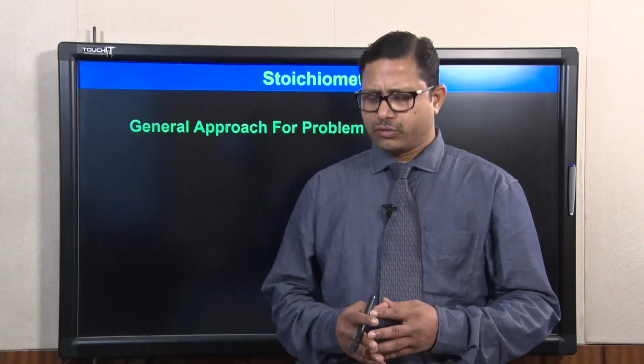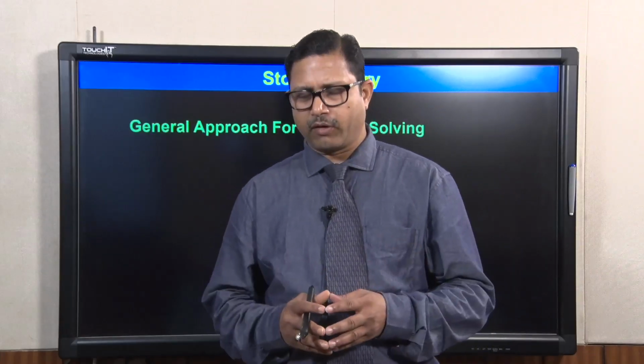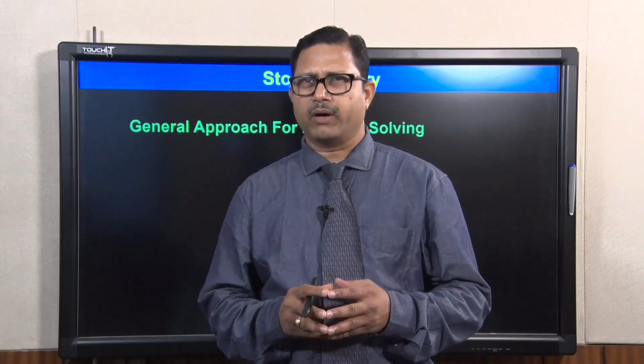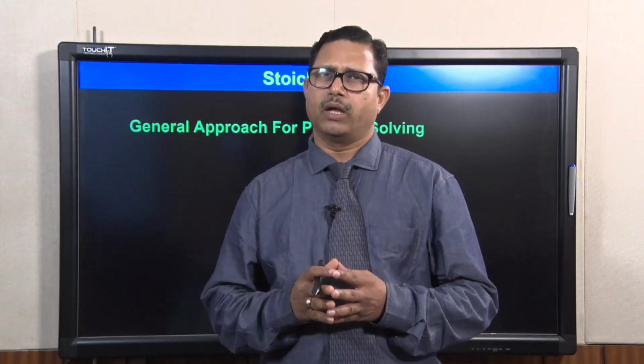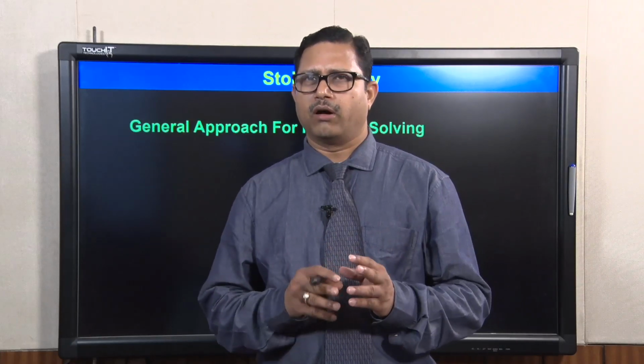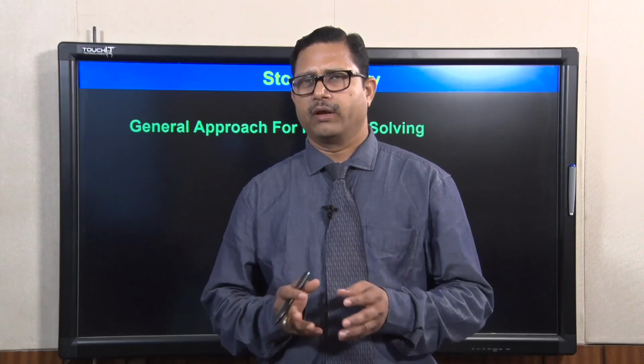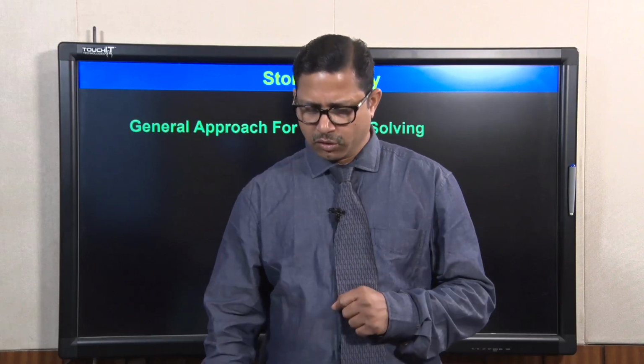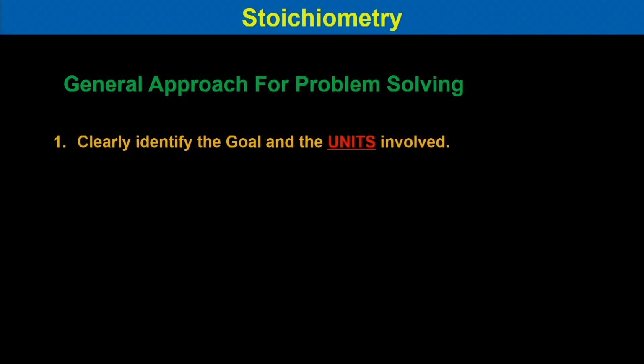The general approach to stoichiometry is that for solving any problem we must be very cautious about the units of the different concentrations or different terms given in the problem. So, we should follow general guidelines. One is to clearly identify the goal, what you need to do, and what units are involved in that goal.